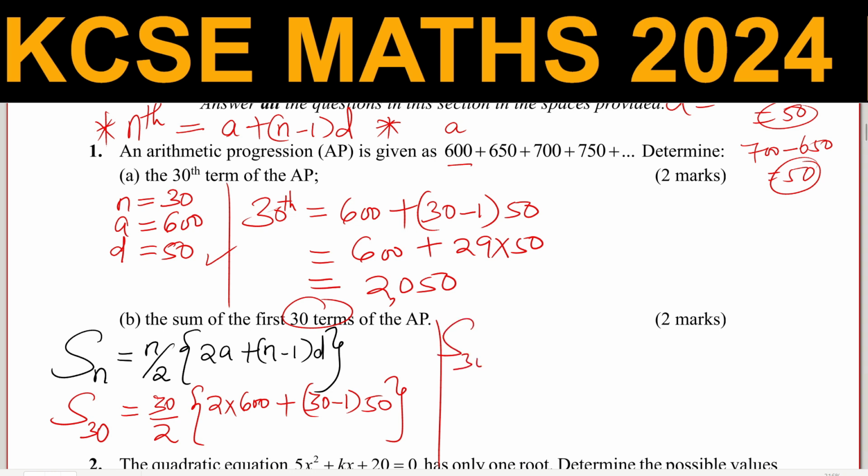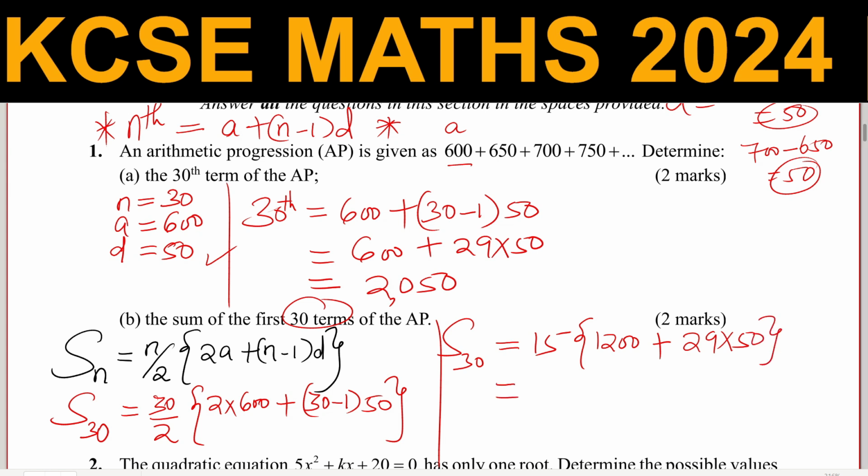So S30 will be given by 30 divided by 2, which is 15, then multiplied by 2 times 600, that will be 1200, plus 29 times 50. So just use a calculator to work this out.